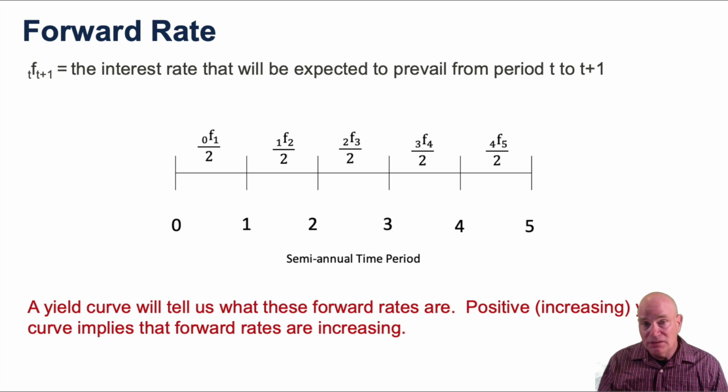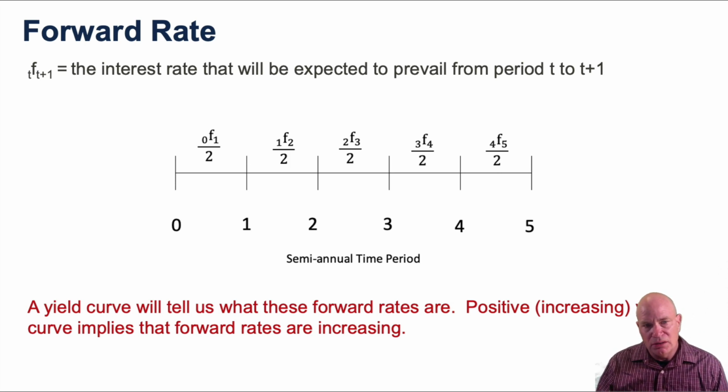Going out, let's take the example of period 4, 2 years in the future. Our current estimate of what the 6-month T-bill will pay at period 4, if we bought it in period 4 and held it to 5, the yield on that would be forward rate 4 to 5.